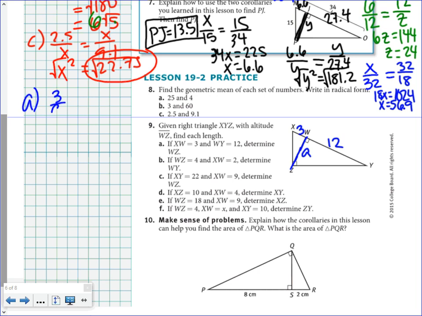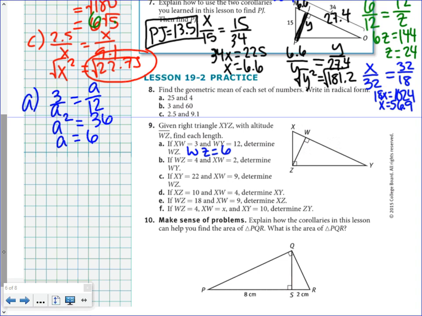So A is the geometric mean between these two numbers. So when you cross multiply, A squared equals 36, and take the square root, you get 6. So WZ is 6.